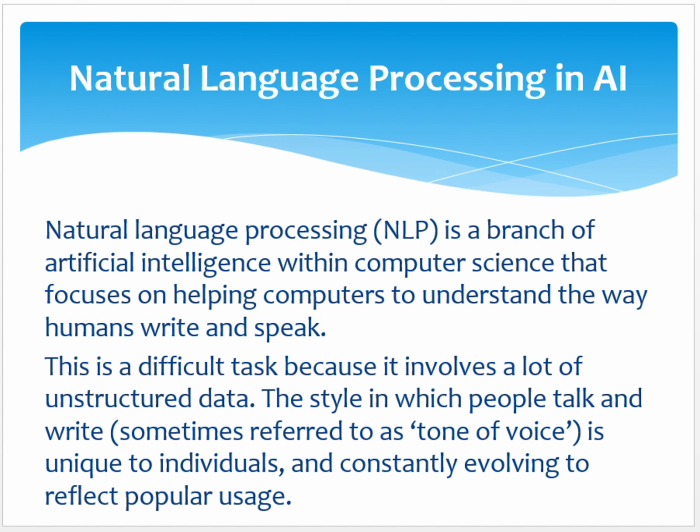It involves a lot of unstructured data as a way of trying to mimic how you talk and even how you write. That's what we call natural language, speaking and writing that is generated by AI, and how you reason and talk.